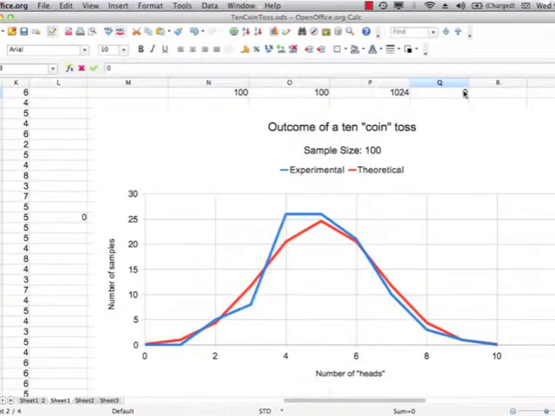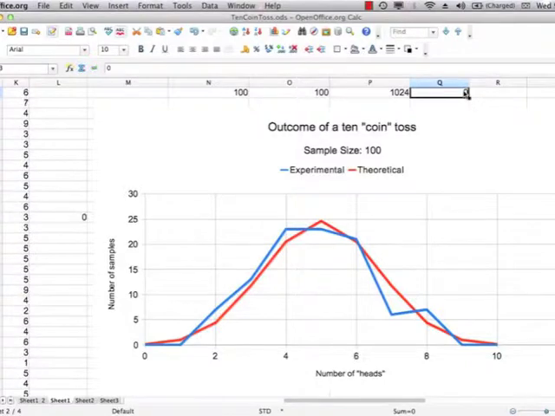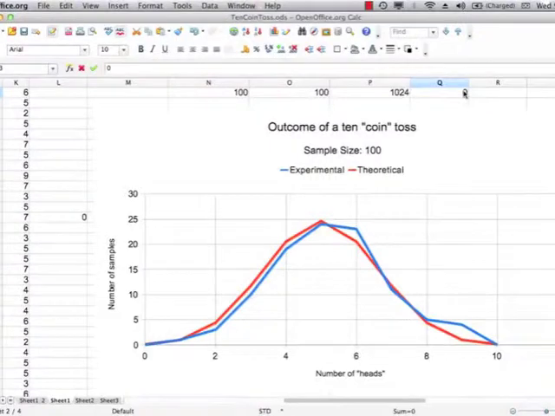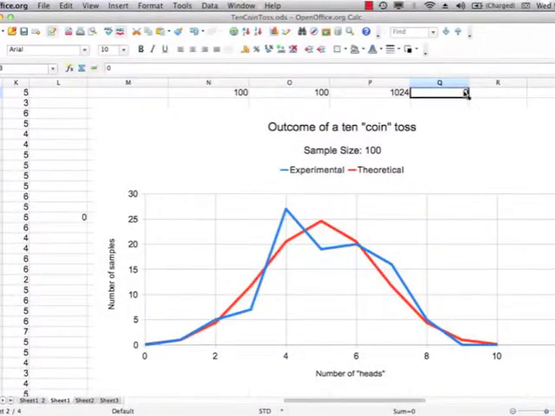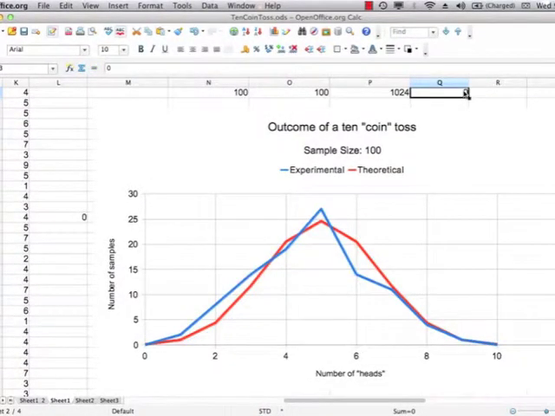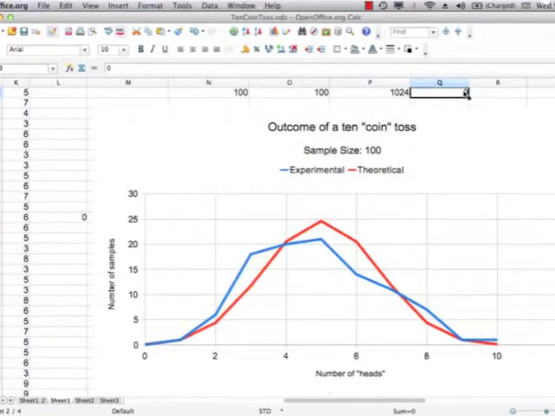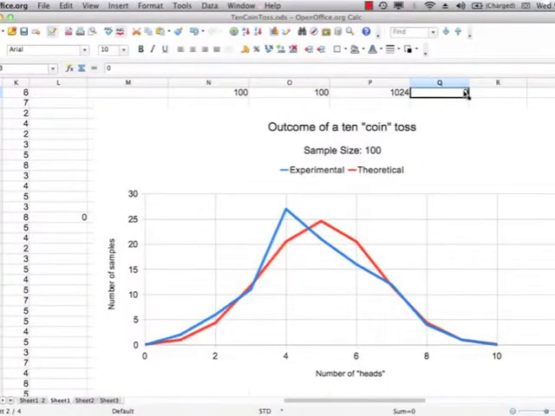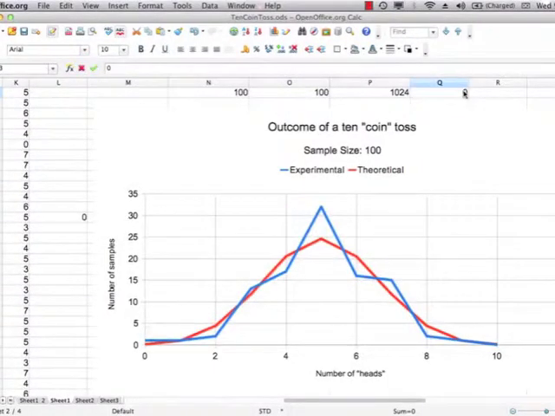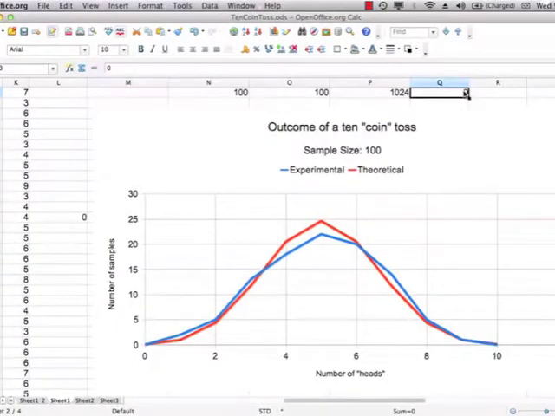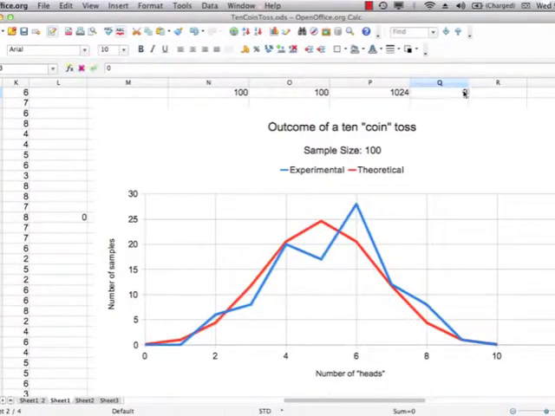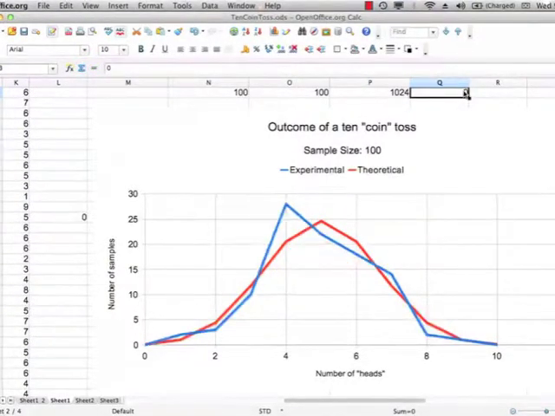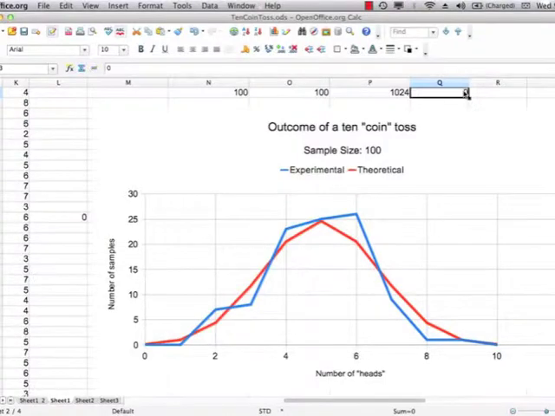But because my sample size is so much smaller, there's going to be a lot of difference between the individual samples and the theoretical results. So if I just kept doing this forever and ever, and I averaged out the blue, I would eventually get the orange. But each individual blue is going to have roughly the characteristic shape of the orange, but there can be some pretty substantial differences.